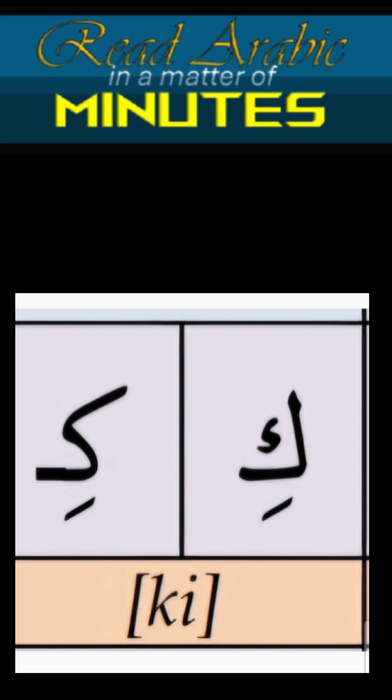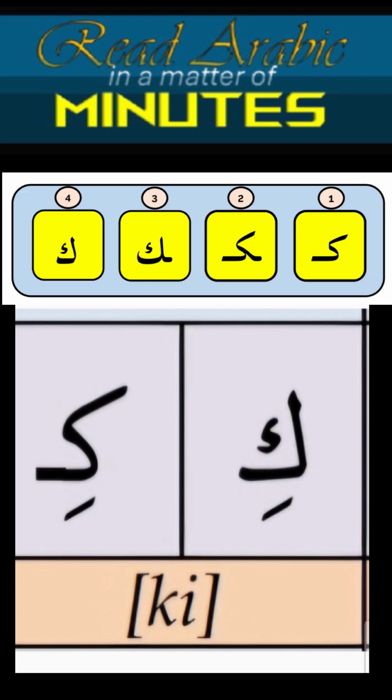If we put the i sound under the k, we'll get ki. And so there will be two ways of writing ki, actually four, but they're based on these two shapes. So we'll see the other forms as we look at words soon, inshallah.